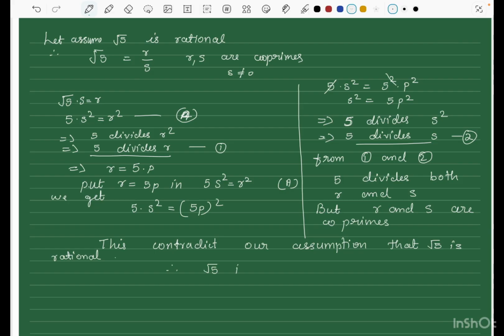Therefore, we can conclude root 5 is irrational.